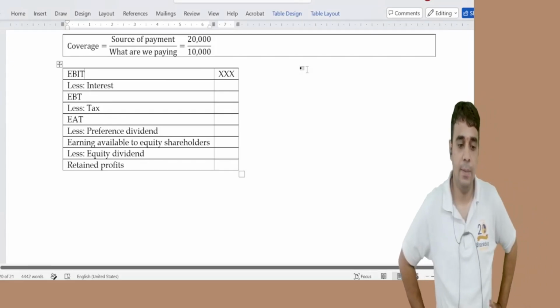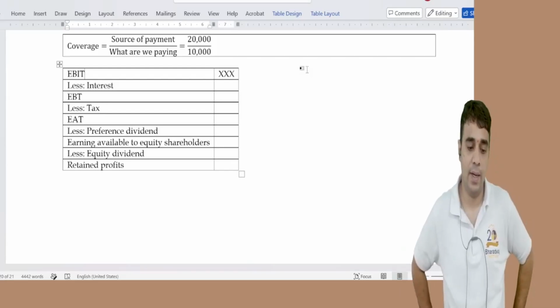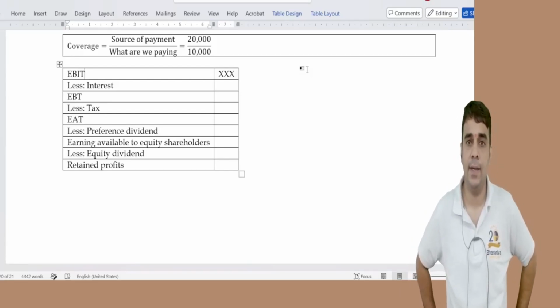EBIT less interest, EBT less tax, EAT less PD, EAES less equity dividend, retained profits or retained earnings.